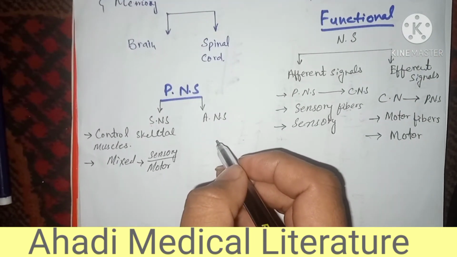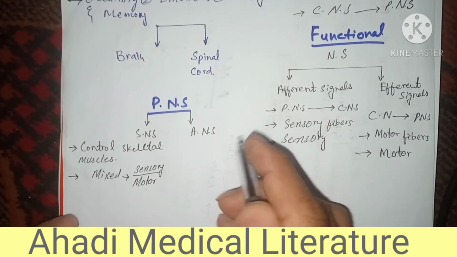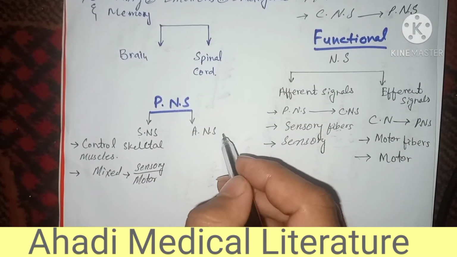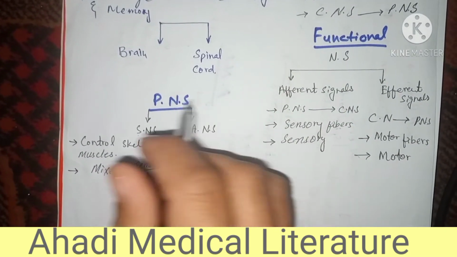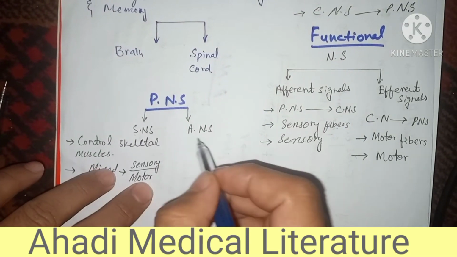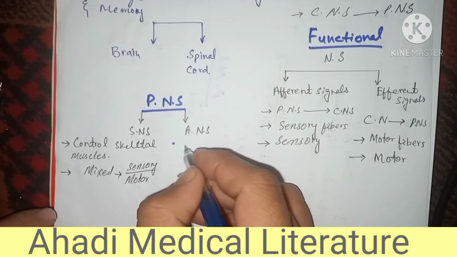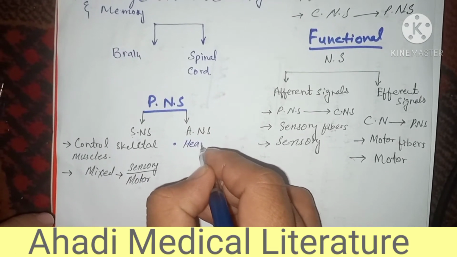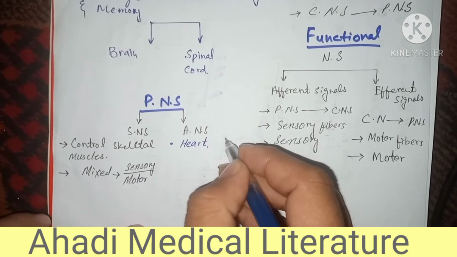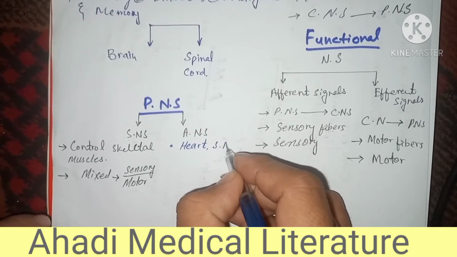The autonomic nervous system is responsible for controlling the heart, smooth muscle.